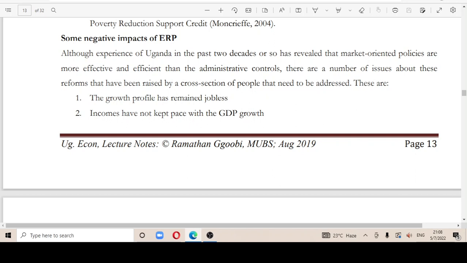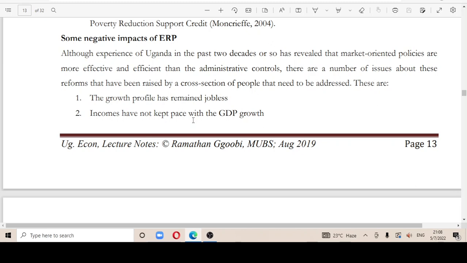So with this ERP, the growth rate profile has remained jobless, in that many people are still looking for jobs. Income have not kept pace with the GDP growth. So though the GDP is increasing, the incomes are still low.